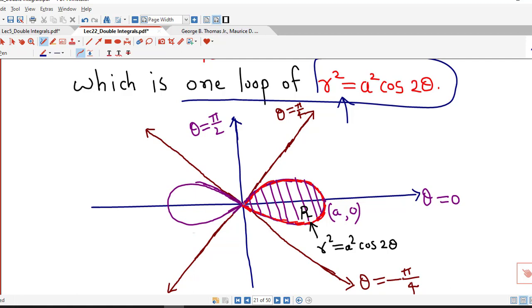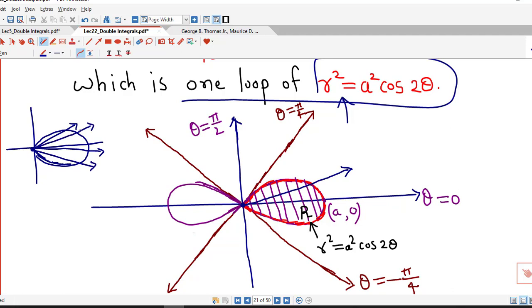So as we know, to decide the limits of variable r, we imagine a ray starting from origin and passing through the region. So suppose this is the ray starting from origin and passing through the region. We can sketch the ray in any part of the loop, either in this part or in this part or in this part. It does not matter.